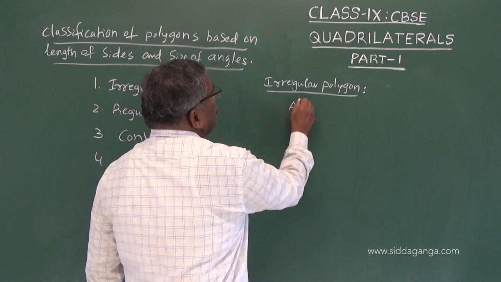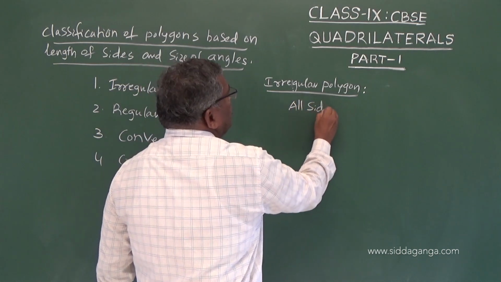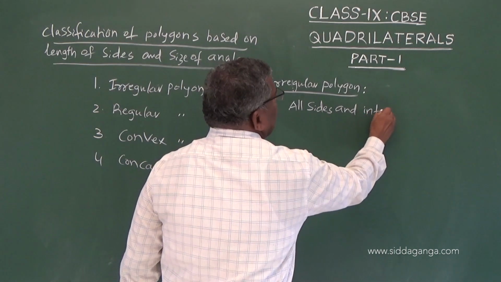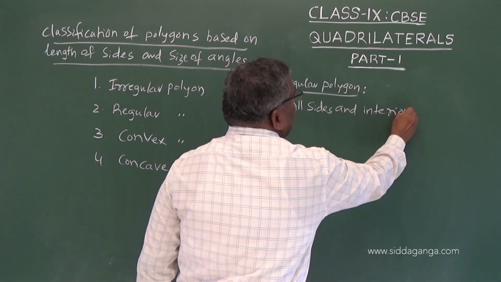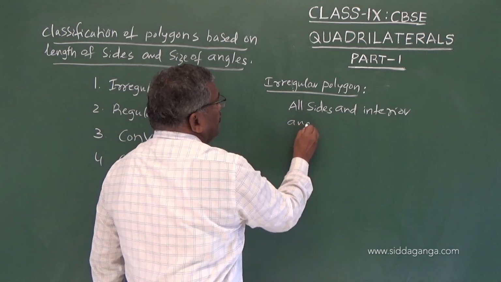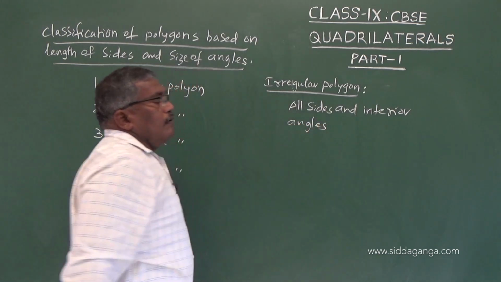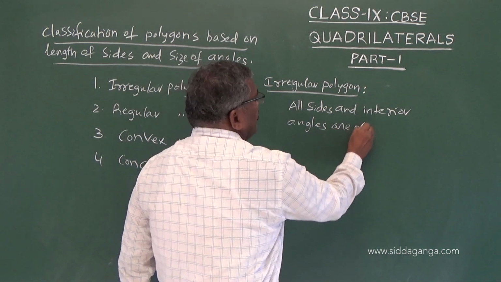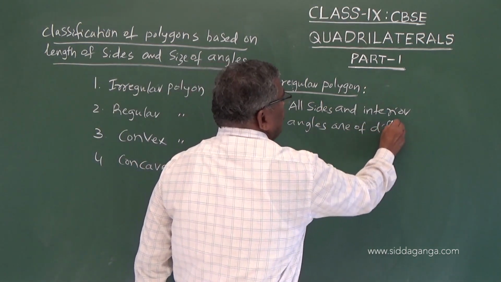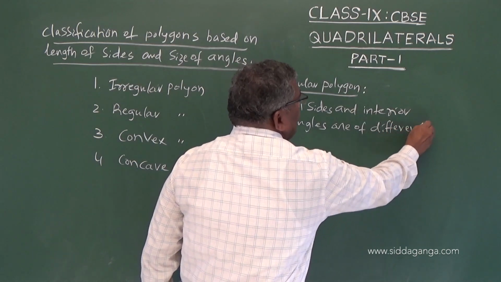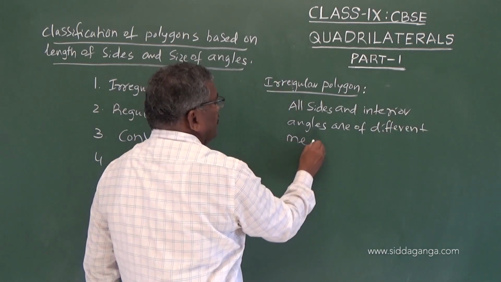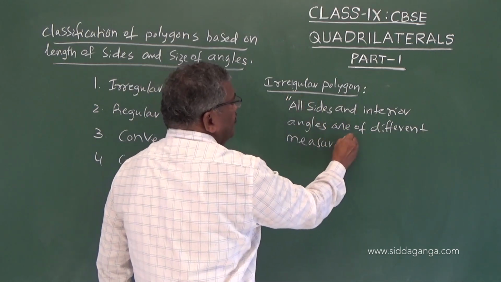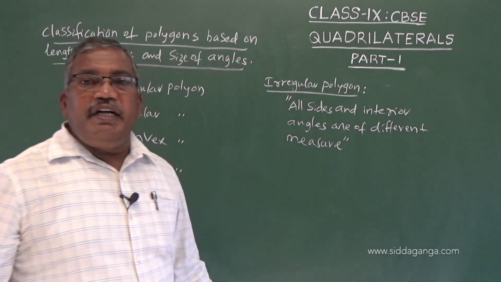All sides and interior angles are of different measure. So it may be a triangle, it may be a quadrilateral, it may be a pentagon.